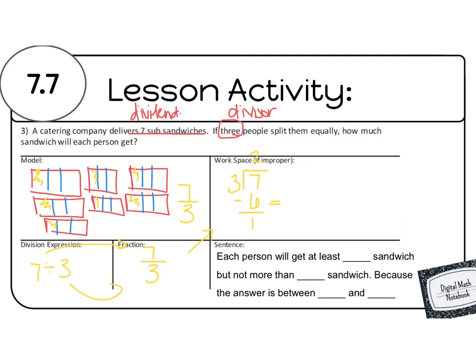So that means that if I'm one of the people sharing these sandwiches, I'm going to get 2 whole sandwiches and 1/3. To justify that statement, each person will get at least 2 sandwiches, but not more than 3, because the answer, 2 and 1/3, is between this and this. You fill in those 2 boxes on your own.